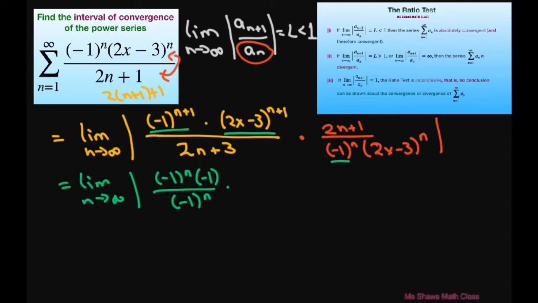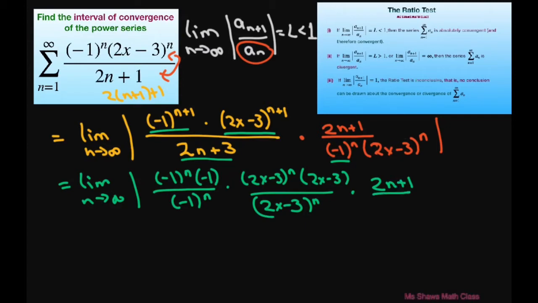Our x's are going to be (2x minus 3) to the power of n times (2x minus 3) divided by (2x minus 3) to the power of n. Now let's do, what are we missing? These two. And then we just have 2n plus 1 divided by 2n plus 3.